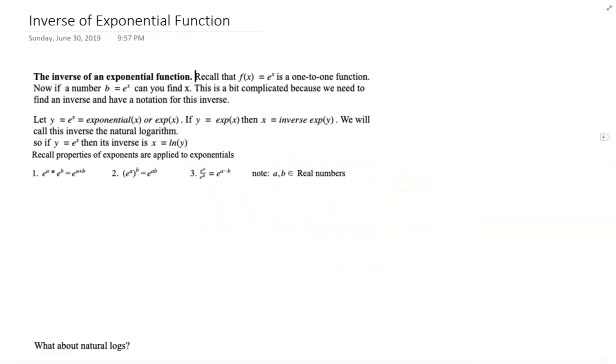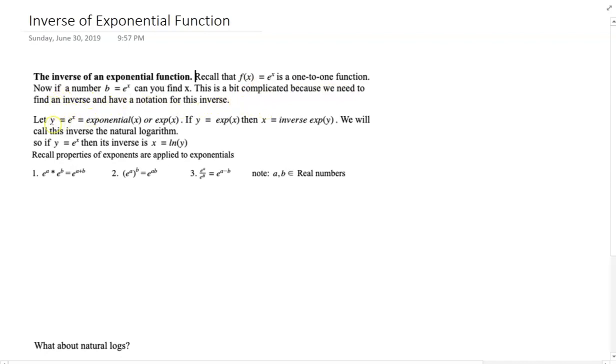Now let's talk a little bit about the inverse of an exponential function real quickly. We recall f of x equals e to the x is a one-to-one function. And if there's a number b equal to e to the x, you can find x, right? This is a bit complicated because we need to find an inverse and have a notation for this inverse.